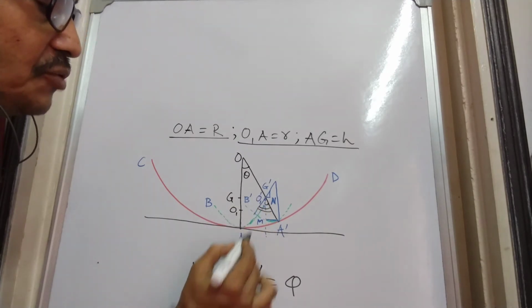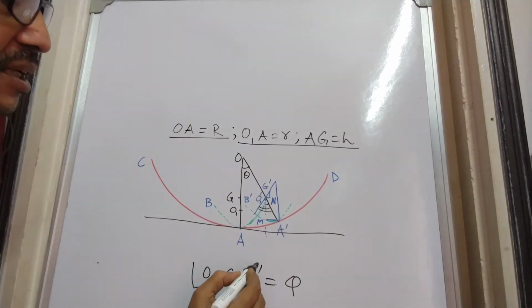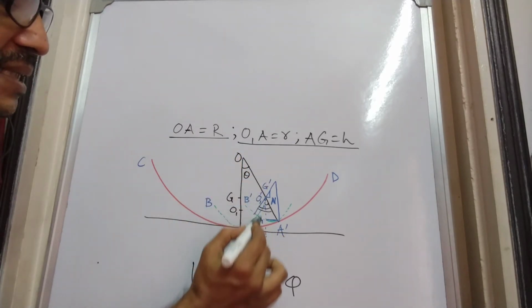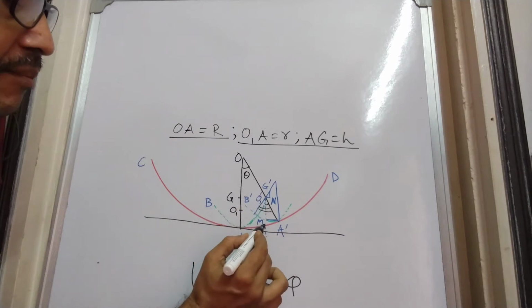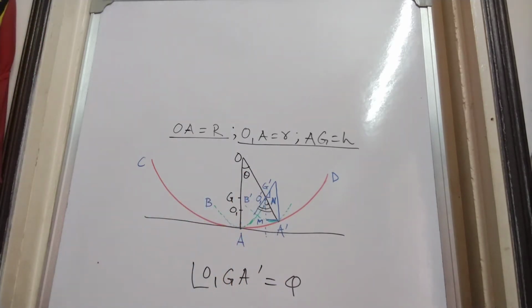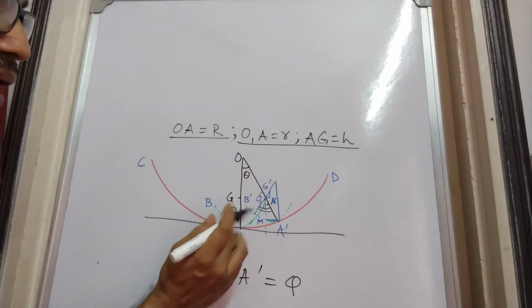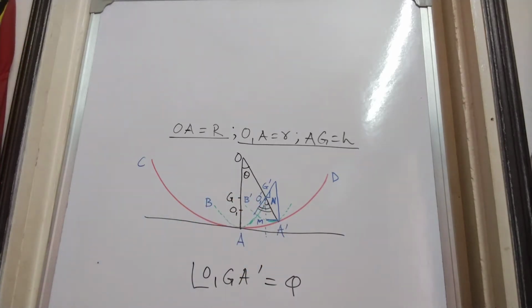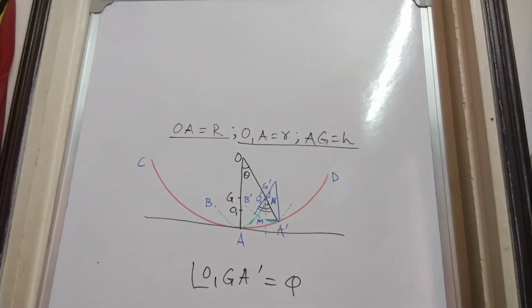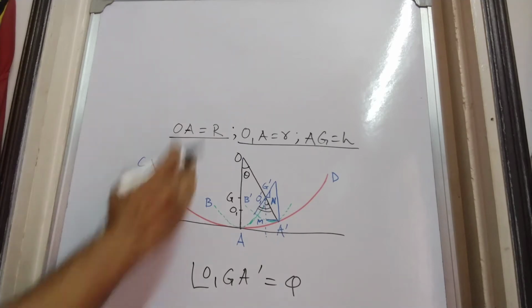If we draw a line which is parallel to this vertical line OA, O1 prime M is the vertical line drawn from the point O1 prime, and O1 prime is the new position of O1 in the shifted position. And through A prime we have also drawn another vertical line which is parallel to OA.